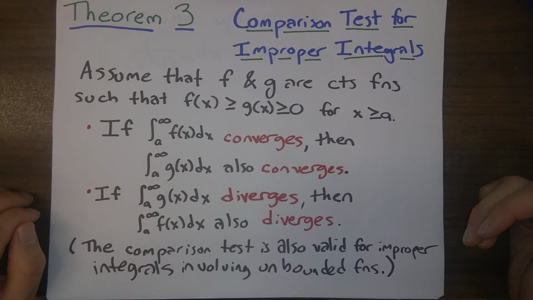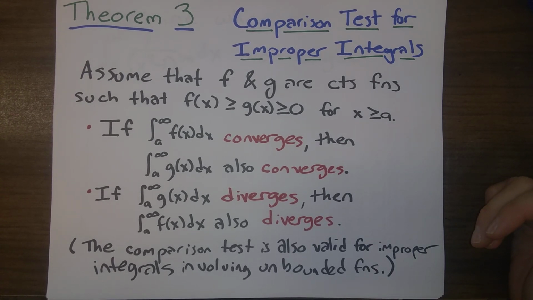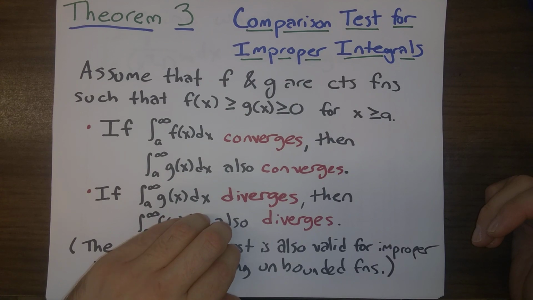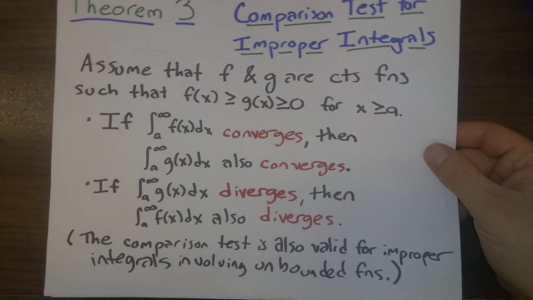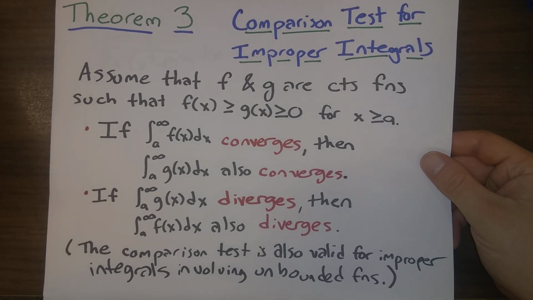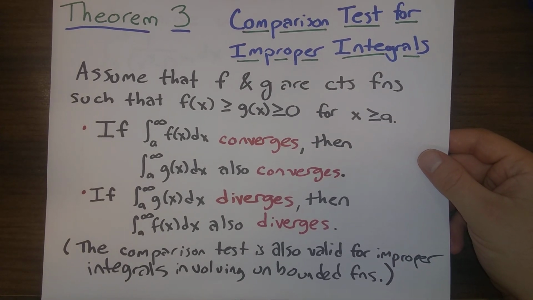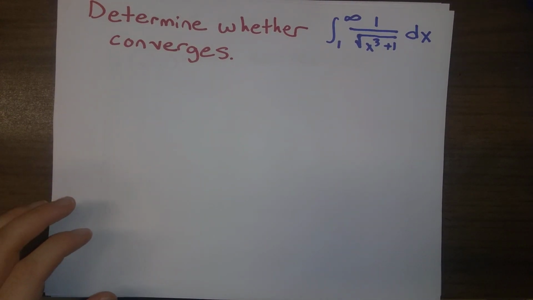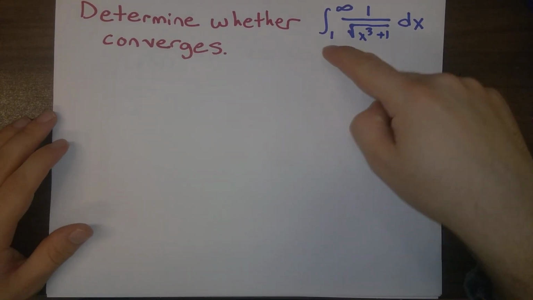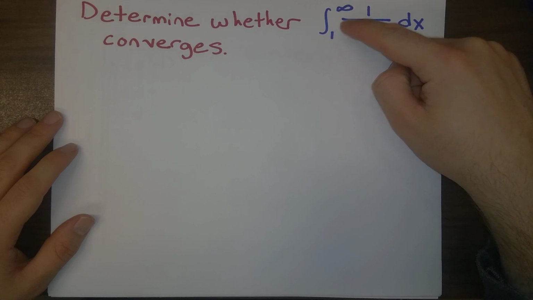This theorem is going to allow us to determine the convergence or divergence of some integrals that we wouldn't otherwise be able to do, sometimes because we simply can't find an antiderivative.